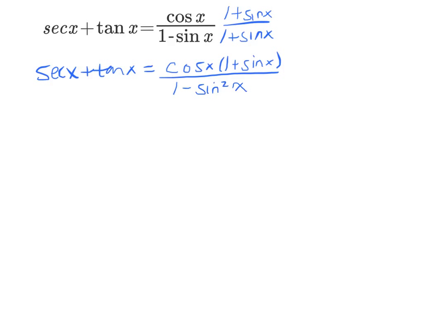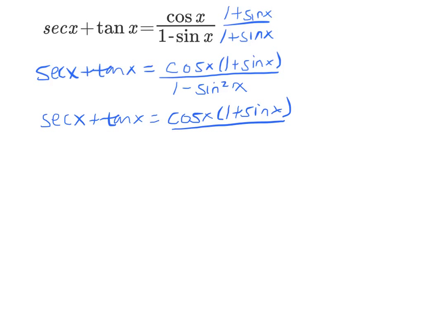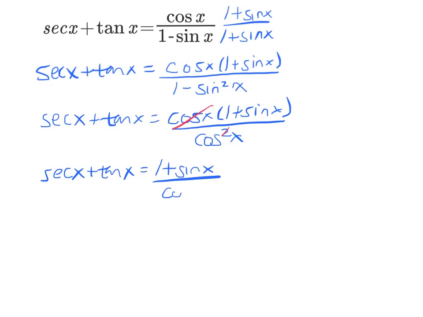Okay, now we've got that Pythagorean identity in the denominator. So we can write 1 minus sine squared as cos squared, which is really nice because then we can cancel that cosine with one of these. And we've got secant plus tan is 1 plus sine x over cos x.